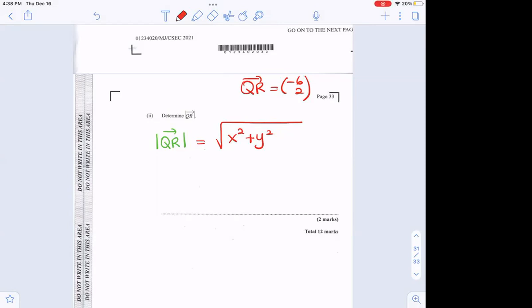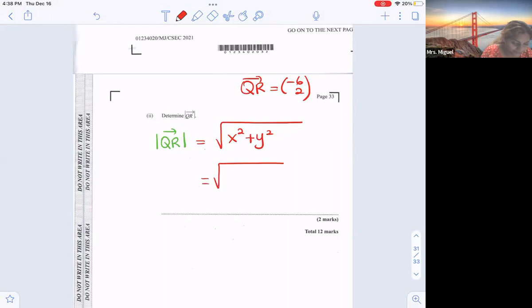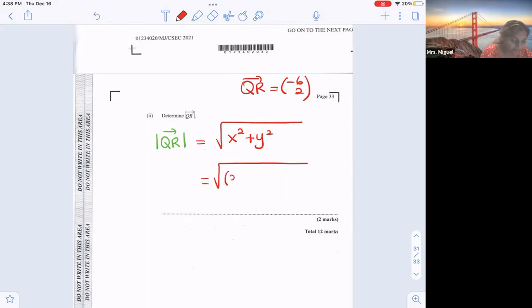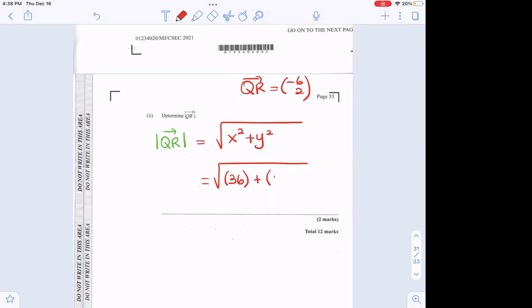What did you get for X squared, Nicole? 36. Yes. So 36 plus how much? 2 squared is 4. Right.